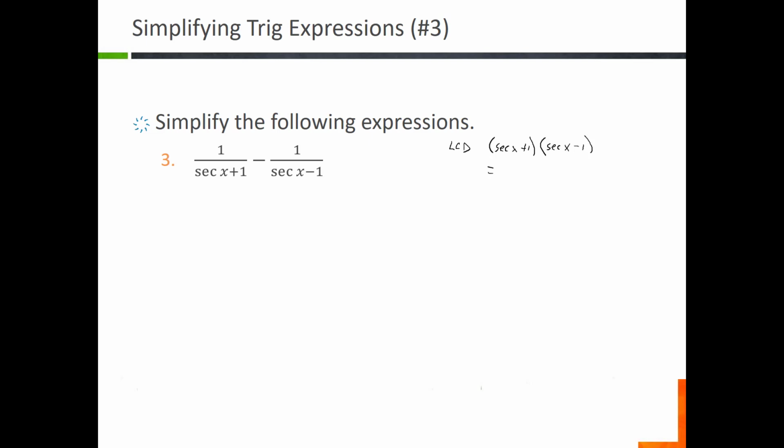Secant times secant is secant squared x. And then we'd have the secant x times a minus 1, so minus a secant x. And then we have a plus 1 times a secant x, so plus a secant x. And then we have 1 times a minus 1, which would be a negative 1. And so that turns out to be secant squared x minus 1.